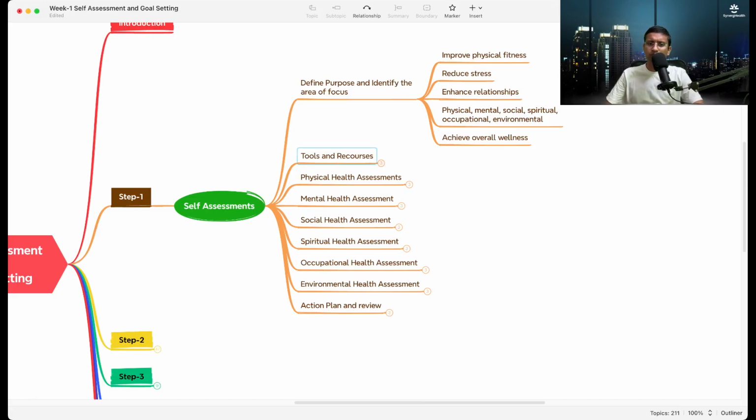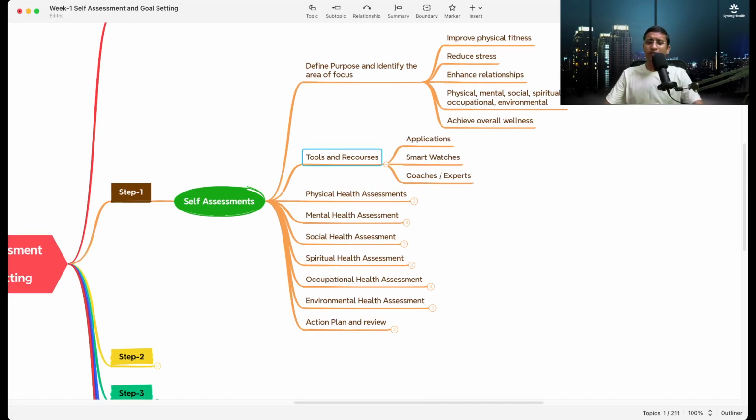The tools and resources: there are different tools and resources available. You can get different applications, and you can use smart watches. But the best is being with coaches and experts. When you have already chosen one coach, why don't you trust them and what they are telling you? Follow the system.